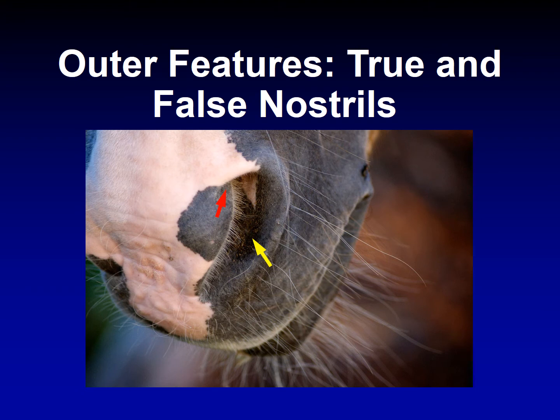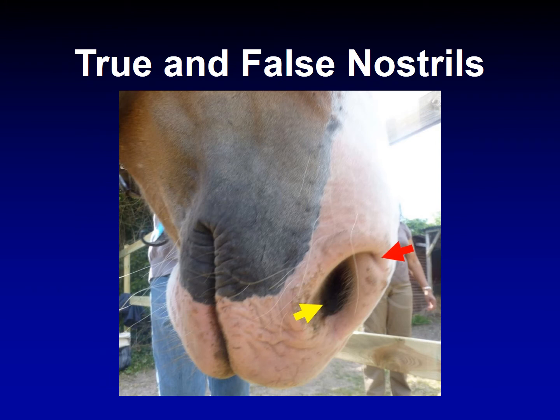Yellow and red arrows respectively. The bottom one is yellow, the upper one is red. This is another picture that shows the real or the true nostril and the false nostril. And these features are very important.